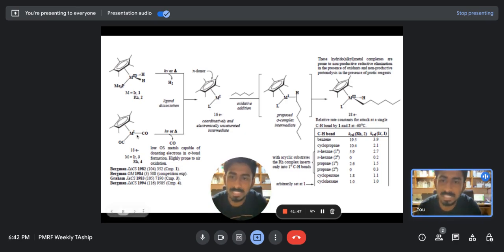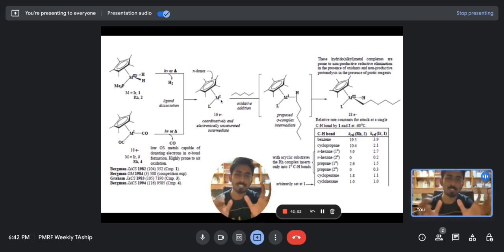Since they are electron rich, we put in an alkane, 1 2 3 4 5 6, this is the hexane molecule we are giving. This hexane molecule has a C-H bond, and since this metal is electronically rich, you can see this is a coordinatively unsaturated and electronically unsaturated intermediate.